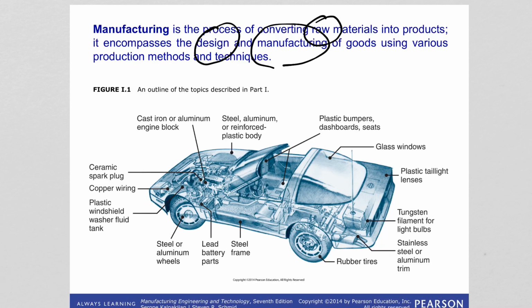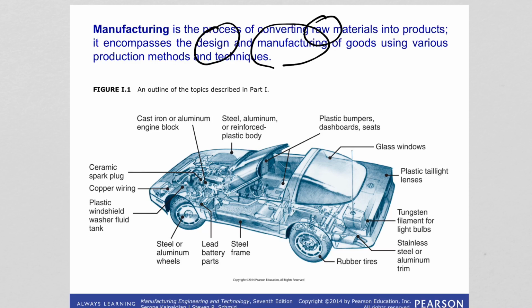Okay, so the products can have only a single component, like a paper clip or a spoon, right? But many products we see are made from a variety of materials, as you can see in this figure for a car. They are made from a variety of materials and then they are assembled together.